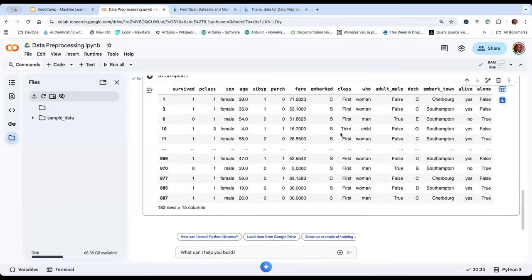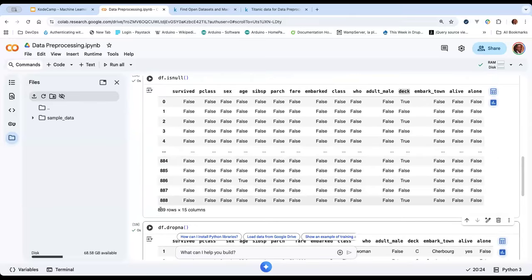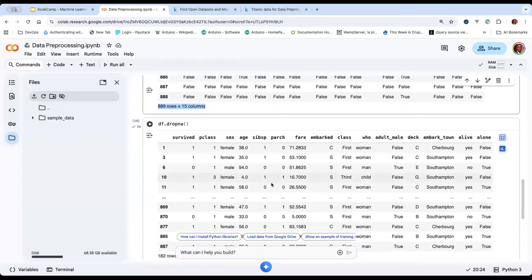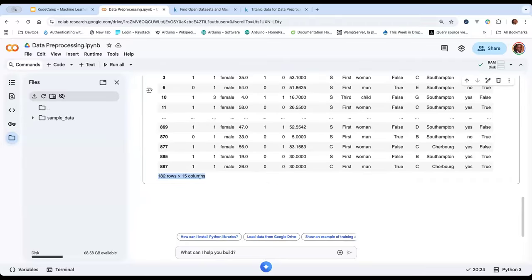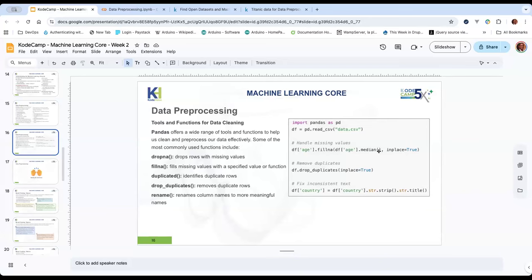If you look at this, initially we had 889 rows and 15 columns. By the time we dropped all the ones that didn't have any values in them, we are down to 182 rows and 15 columns. So this is one of the ways that you can do filtering or cleaning of data.